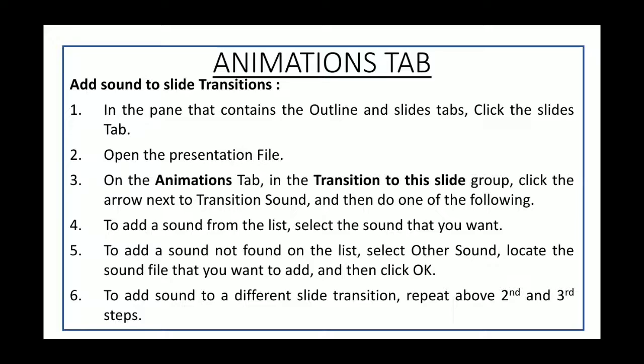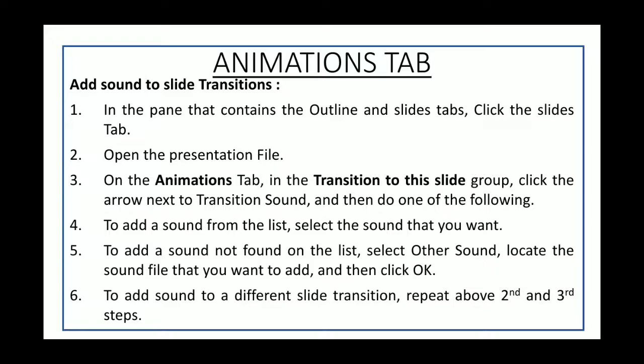Open the PowerPoint presentation file, and then on the Animations tab, in the Transition to This Slide group, click the arrow next to Transition Sound and then do one of the following. You can select the transition sound. Different transition sounds are displayed on the screen.